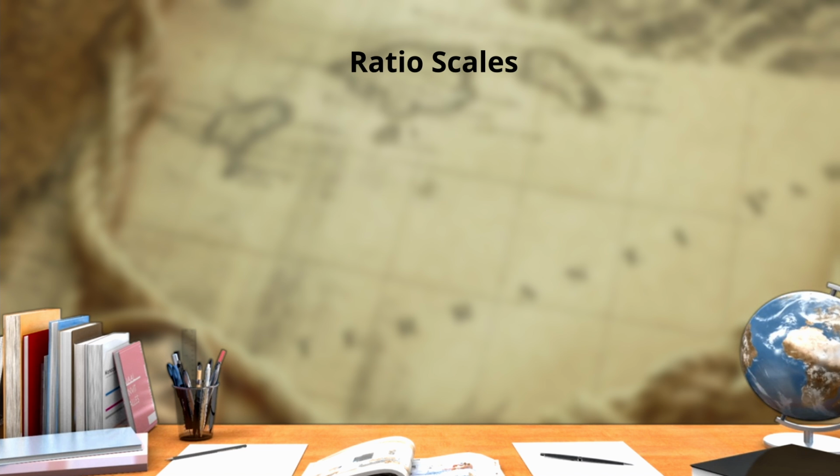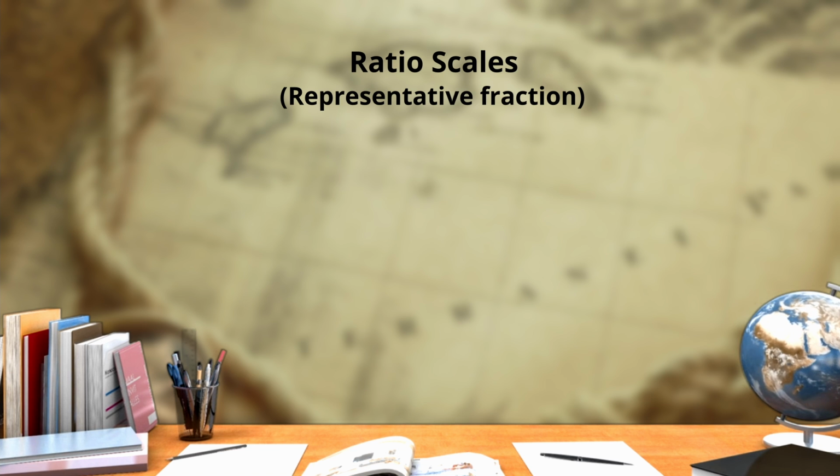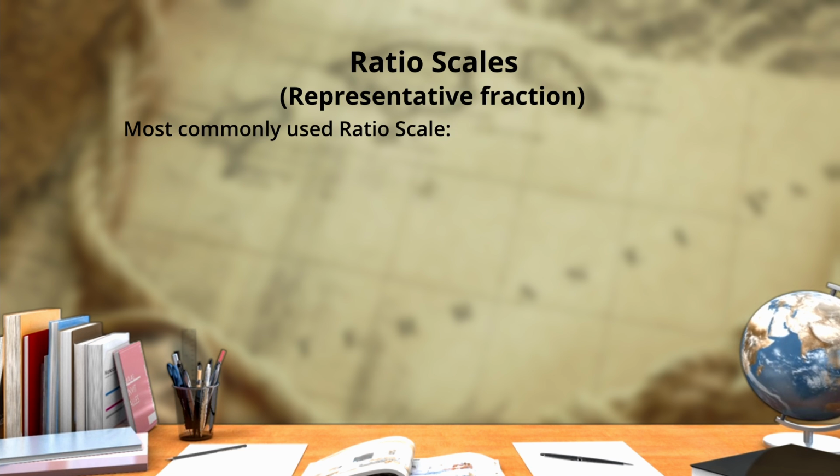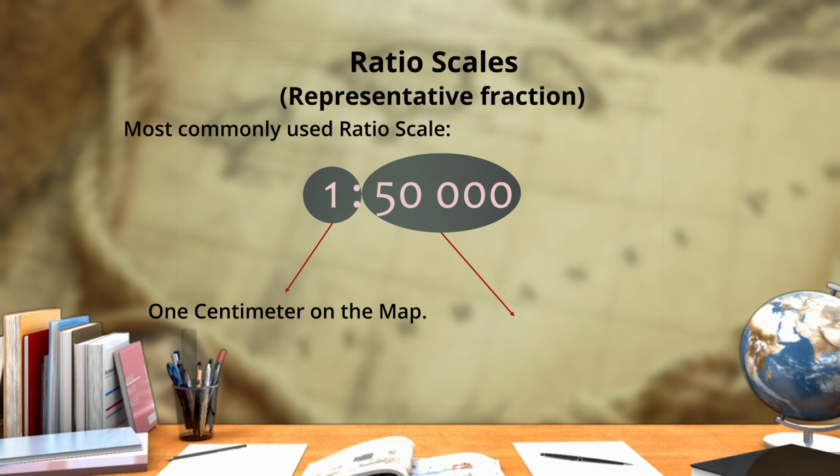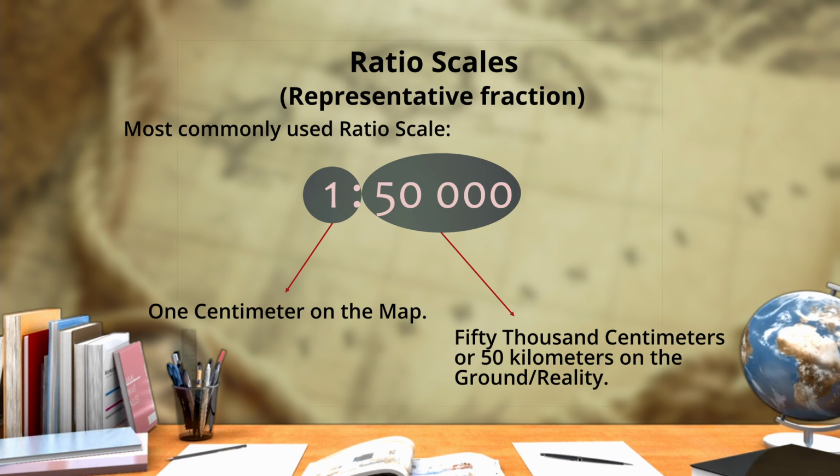Let's start with the ratio scale, which is also known as representative fraction. Now, the most commonly used ratio scale is 1 to 50,000, whereby 1 is the distance on the map, which is 1 centimeter, and then 50,000 is the distance on the ground, which is always in centimeter.